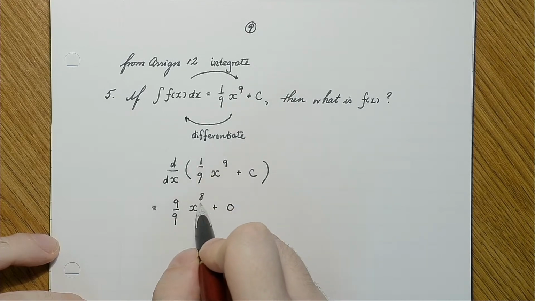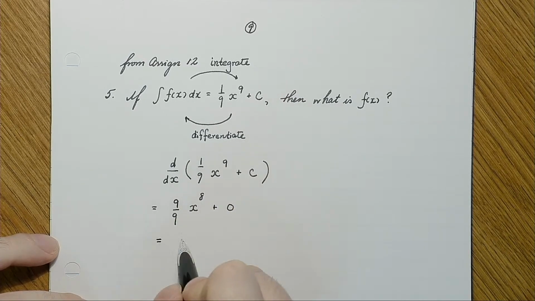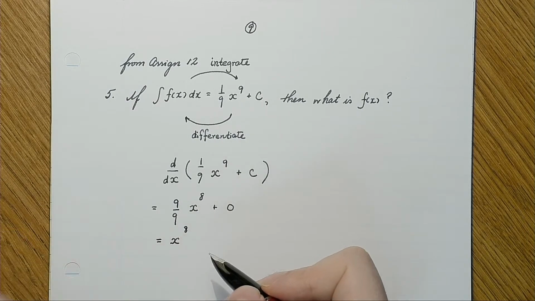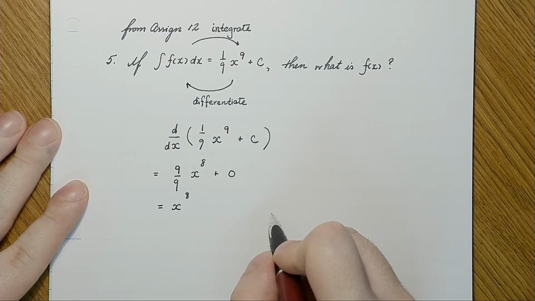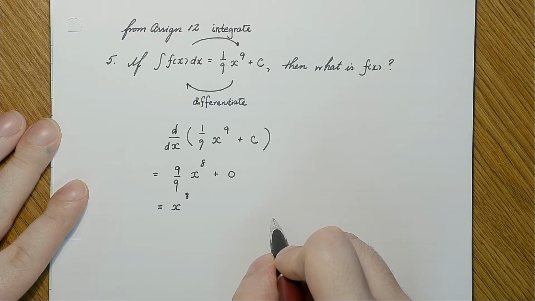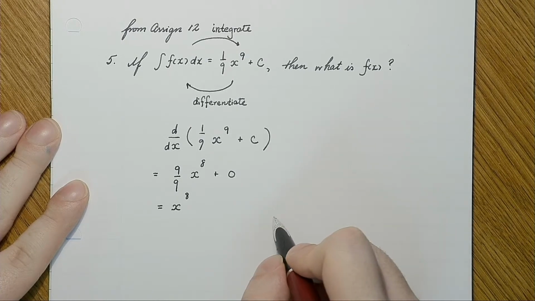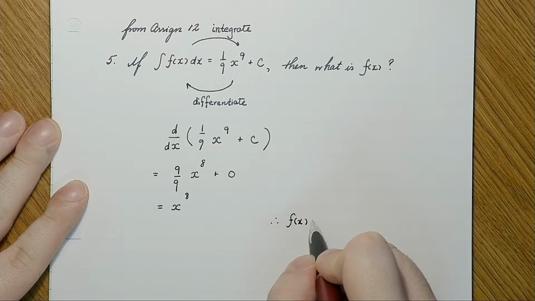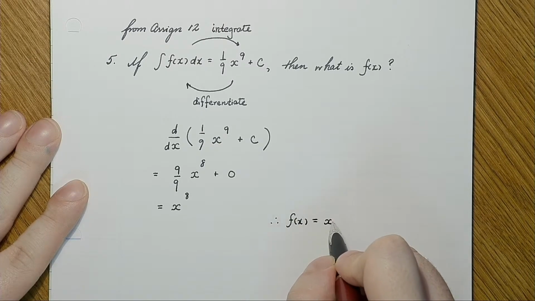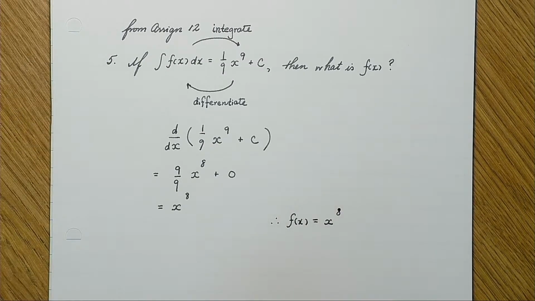So the 9 comes down, we drop the degree, so then I'm left with 8. So x to the 8th. So that's what I expect. Yes. So therefore, I'd expect f at x equals 8x.